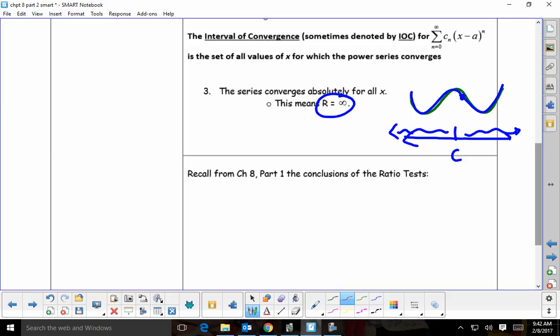And what is that point? Your center. It could match in a section. What are we going to call that section? An interval. So we could have an interval of convergence. Or it could match everywhere. Okay. Are we good? Feel better a little bit?